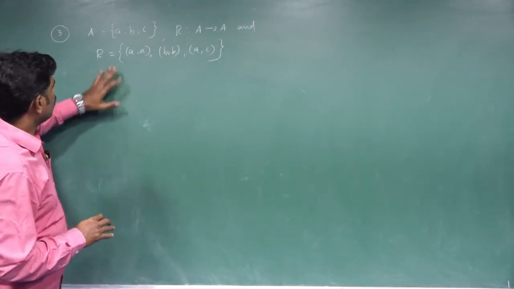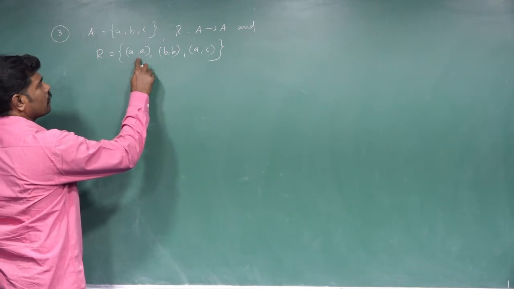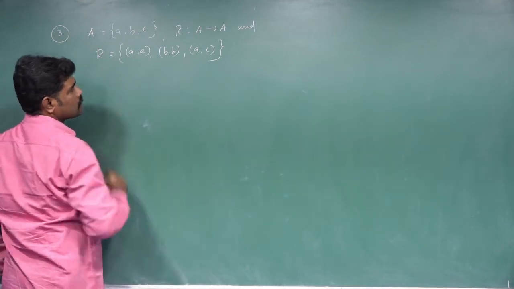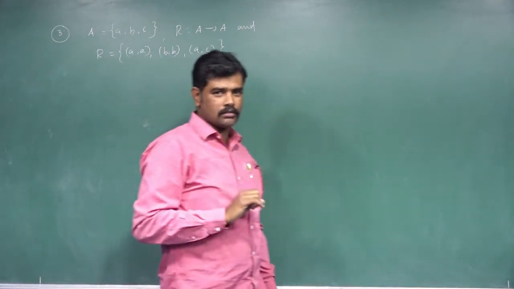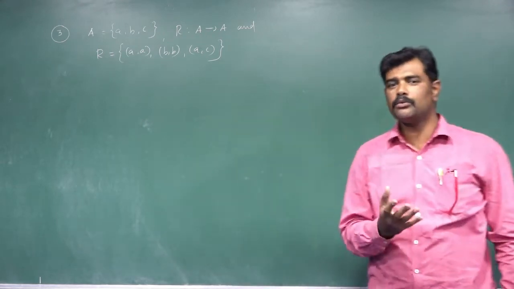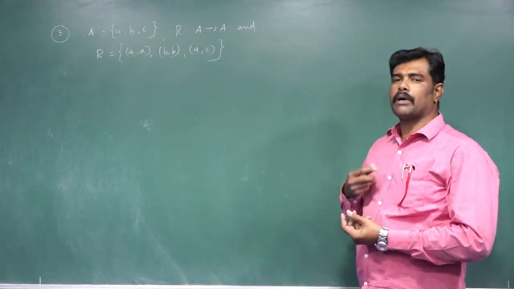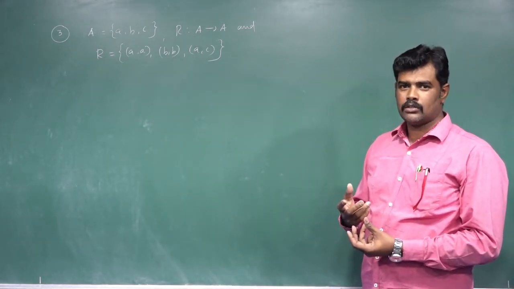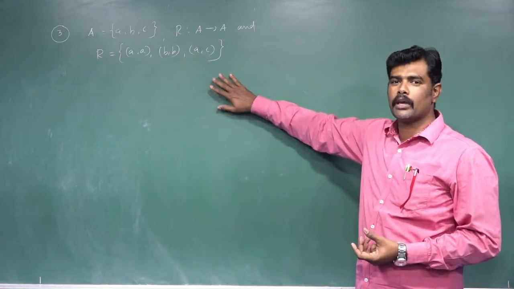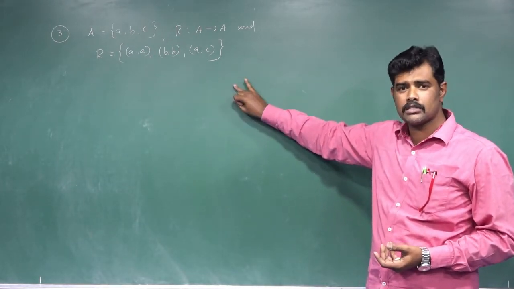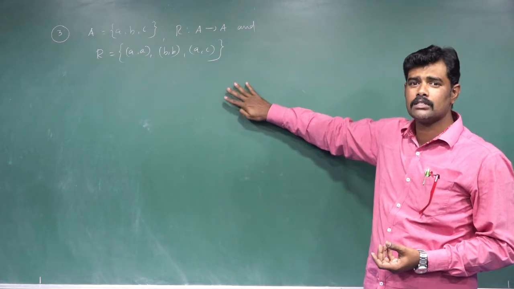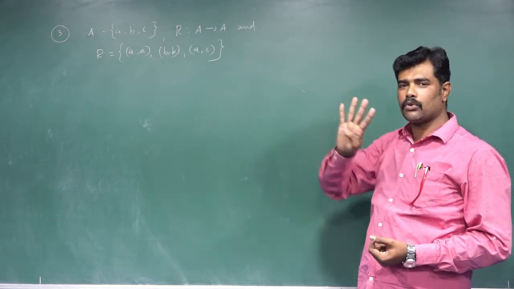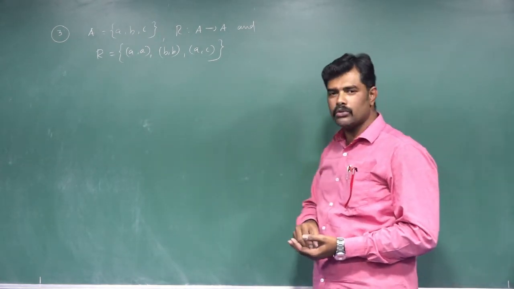The relation is given as (a,b), (b,a), (a,c). They gave only 3 pairs. Now, what are the pairs to be included here to make it reflexive, symmetric, transitive, and an equivalence relation? For these 4 cases, what are the pairs needed to include here?